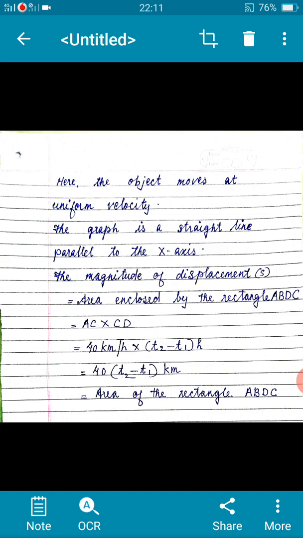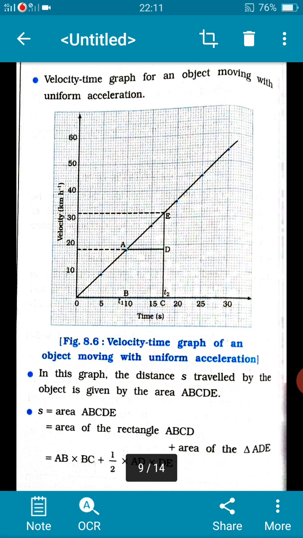Is that clear? So from the velocity versus time graph, we get the magnitude of displacement. And also we can study uniformly accelerated motion by plotting the velocity versus time graph. I hope it's clear to you. Now next, see the next graph.